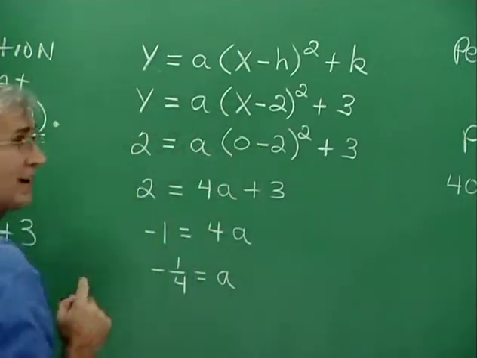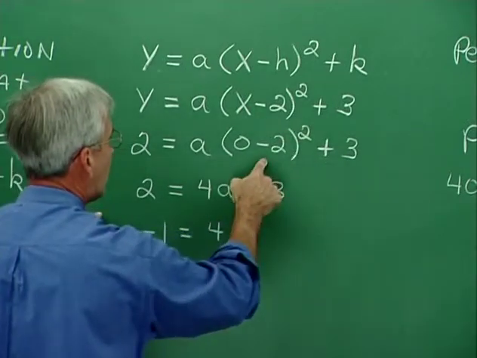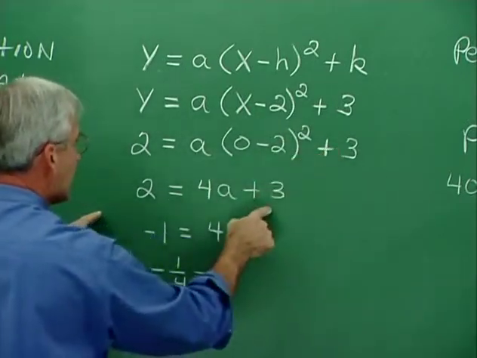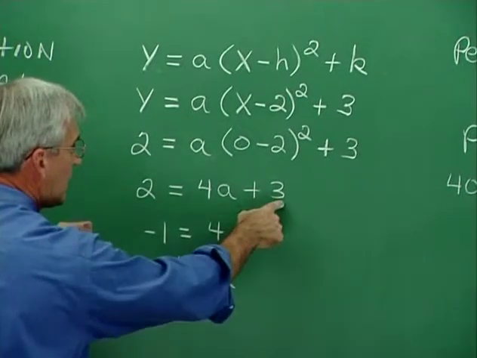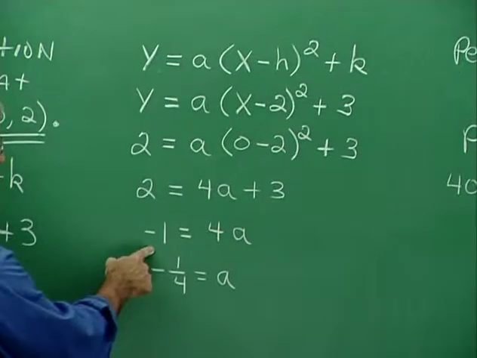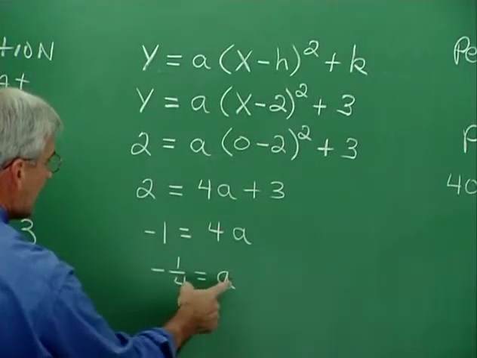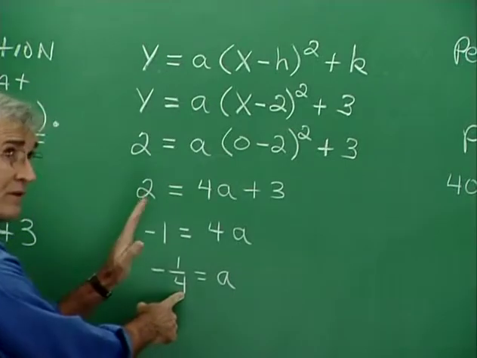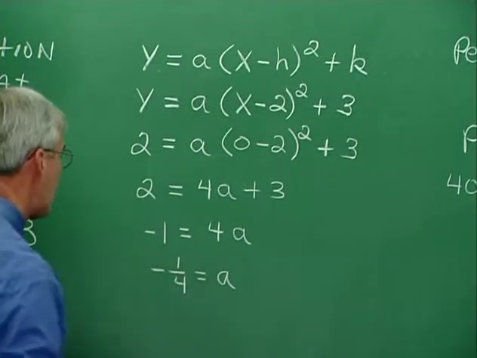Just pop those values in, and now solve for A. This is negative 2 squared, that's 4. So here we have 4A, then plus 3. Subtract 3 on both sides, and we get negative 1. Divide both sides by 4 to isolate the A, and we find A to be negative 1/4. Kind of as expected. The A value is negative, and it's a common fraction.